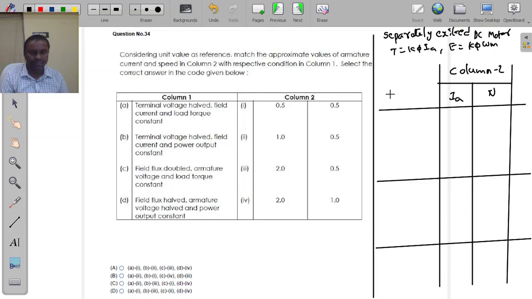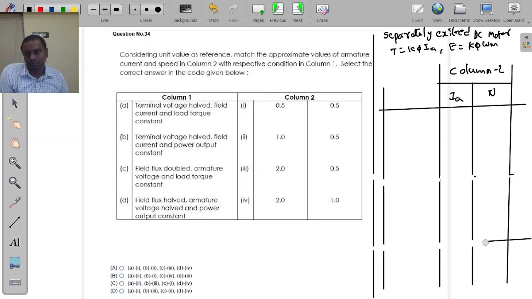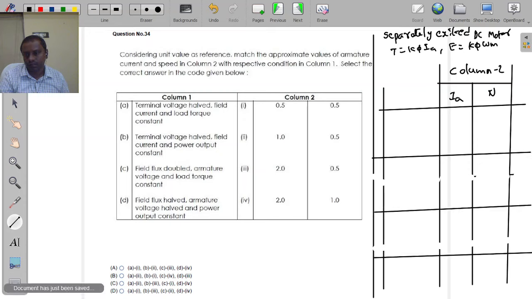We will see the condition in each case. Case 1, case 2, case 3, case 4.